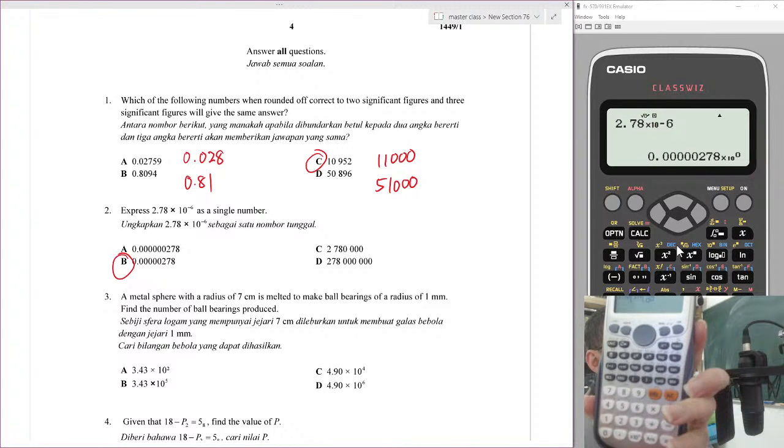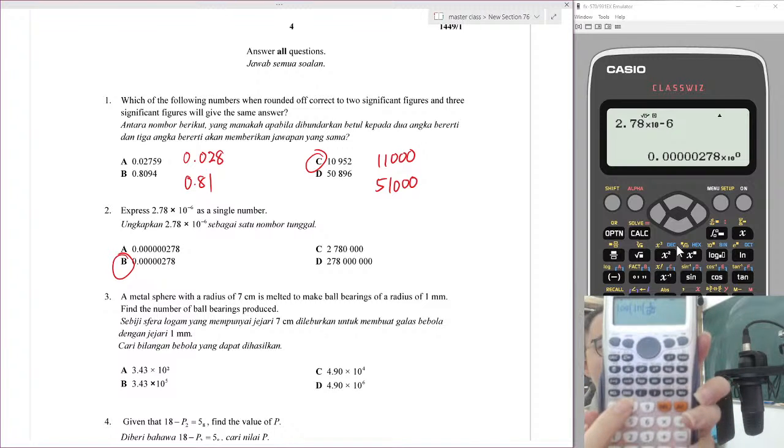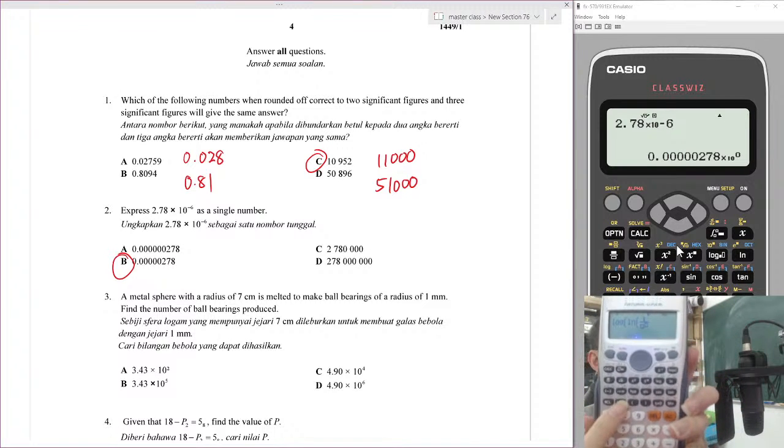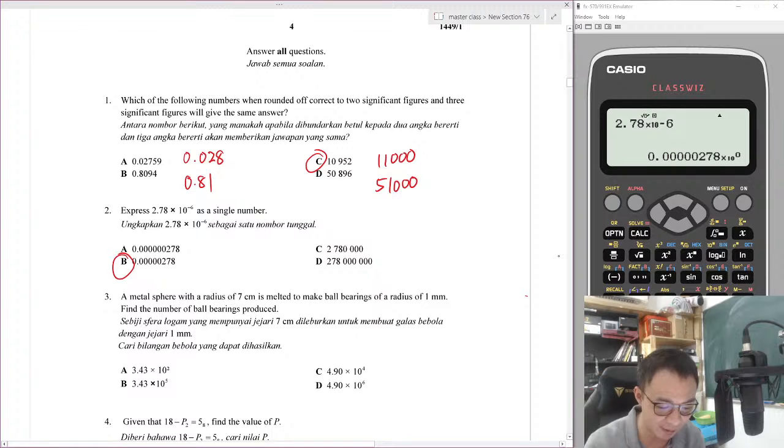Yeah, there's an ENG button here. No, this button. When power is positive, then you do ENG. When power is negative, then you do shift plus the ENG. Then the calculator will change it to the decimal number you want.